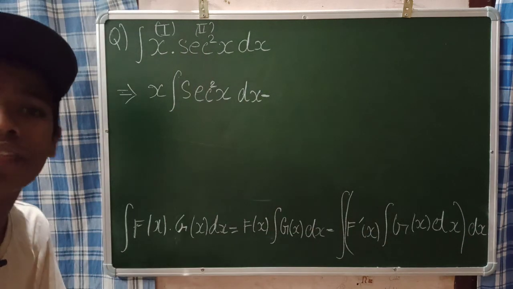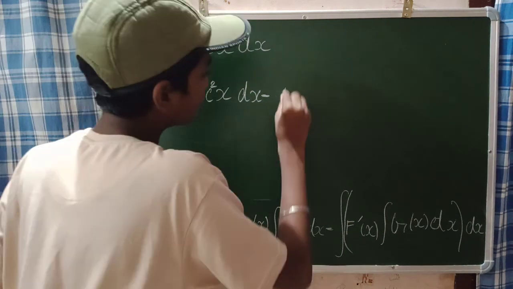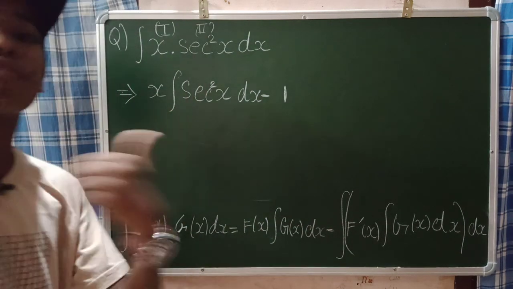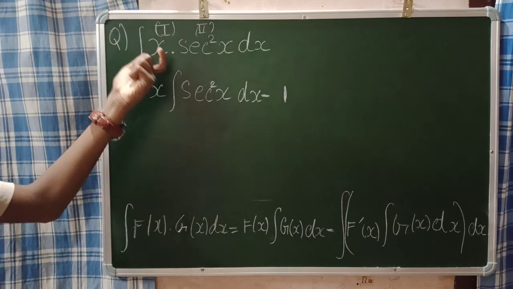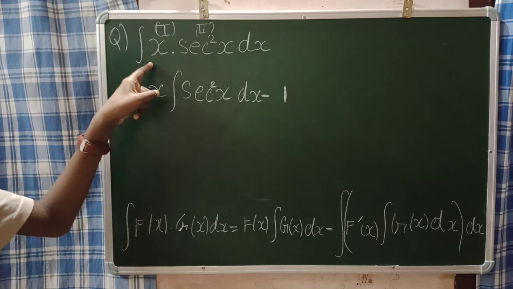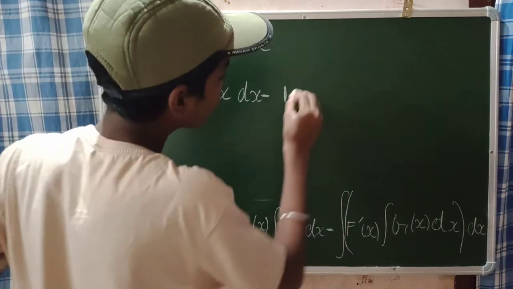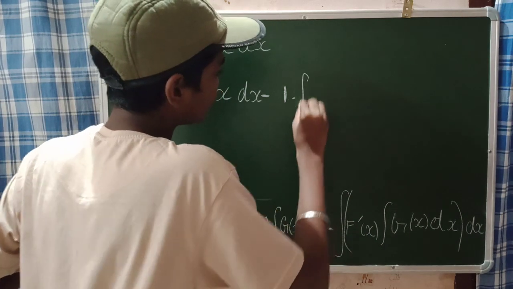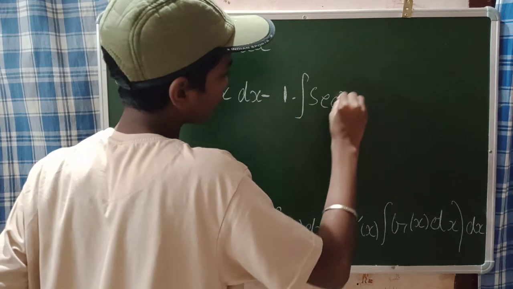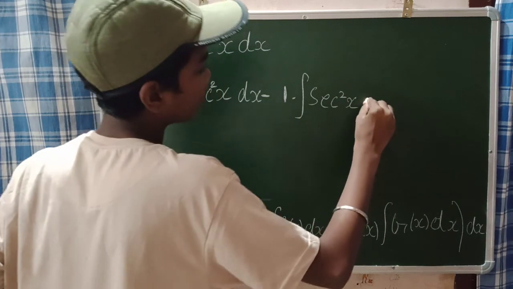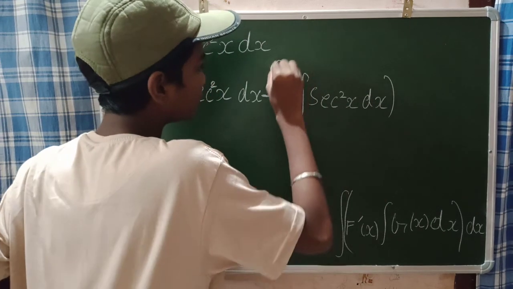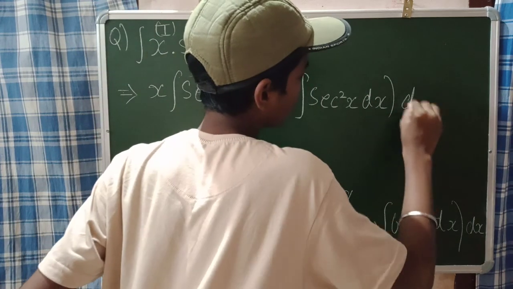What is the derivative of x? That is 1, because guys, we have f dash of x, which is nothing but the derivative of f of x. So the derivative of the first function will be 1 only, because the derivative of x is 1, into the integral of your second function, which is the integral of secant square x dx. Then I will integrate this whole expression by putting a dx on the whole.